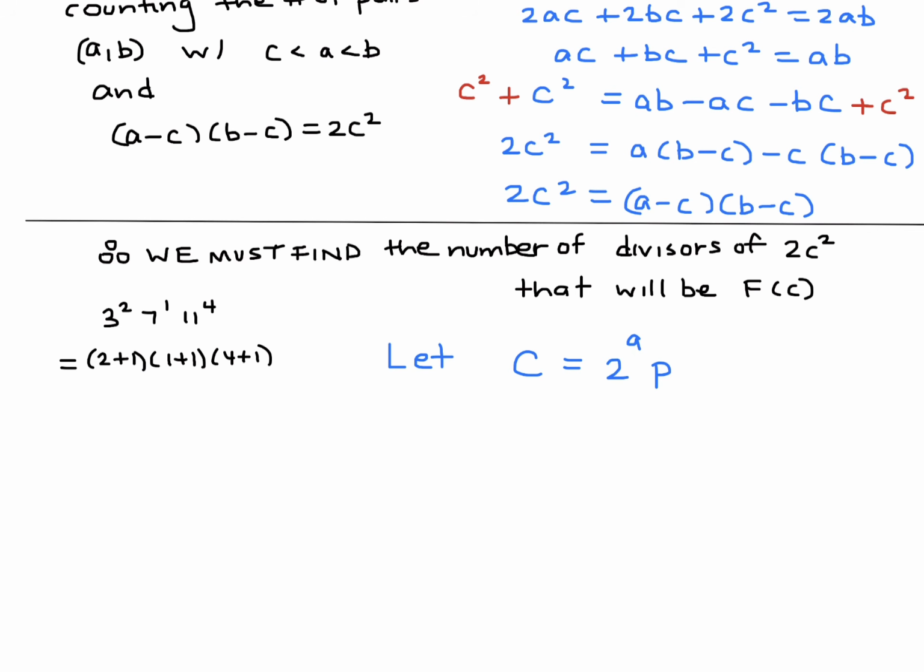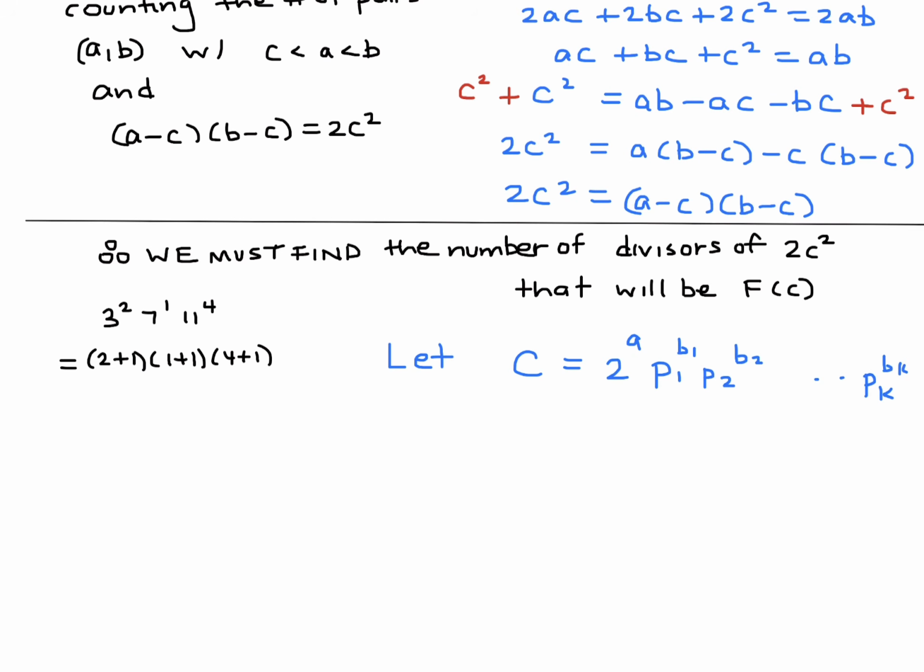And then we got a whole bunch of primes, right? I have no idea what they are. So prime 1 to the b1 and prime 2 to the b2, and then dot dot dot eventually, like that, to the last prime to some exponent.